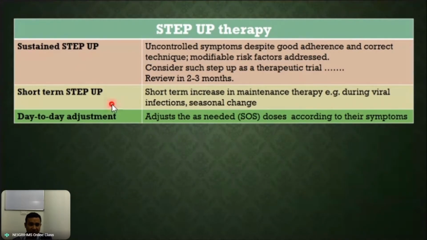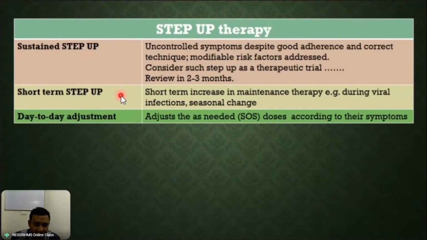Next, you have a short-term step up. A short-term step up is basically when you just for a few days increase your dose of your maintenance therapy, your ICS LABA. That is, say when they've had maybe a viral infection, or when the season is changing, like it is right now, where suddenly we are going from very hot, now the rains are coming, the monsoon is coming.